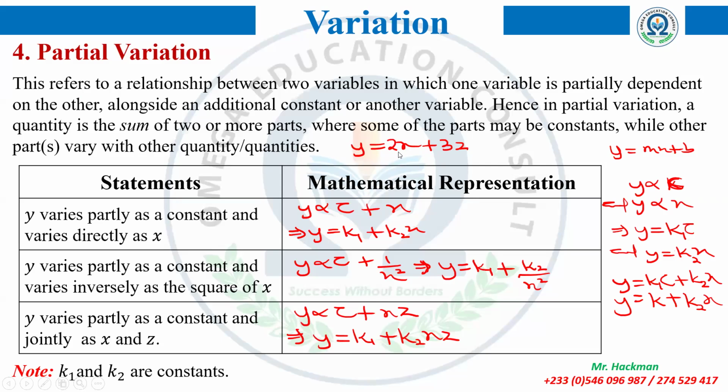Is that clear? But when you come here with this one, there is what? A variable. So it means that it varies partly as your variable and also your second variable. So if you have this, in that same vein, if you have this, how would you treat this in terms of the variation?